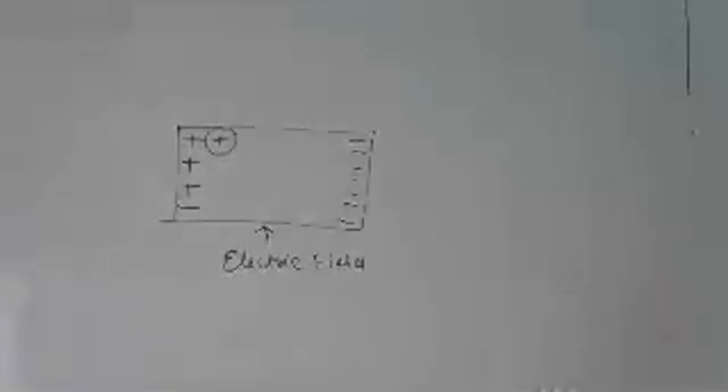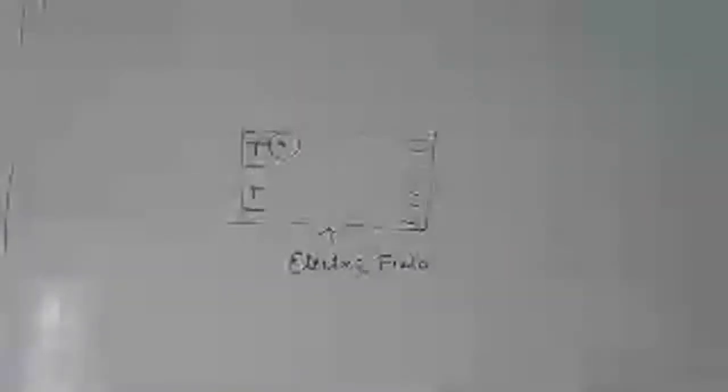Nothing will happen, because the particle does not have any charge. If a particle is having charge, then only it can be attracted or repelled. For a neutral particle, there will be no attraction, no repulsion.